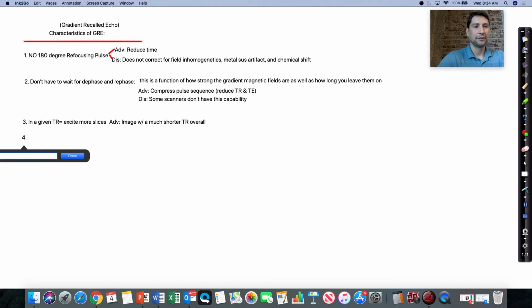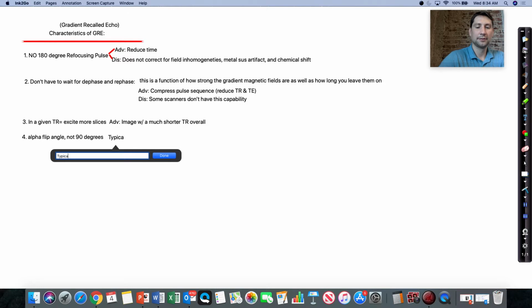And the last characteristic, we have an alpha flip angle. Not 90 degrees. Is it going to be more or less than 90 degrees, do you think?